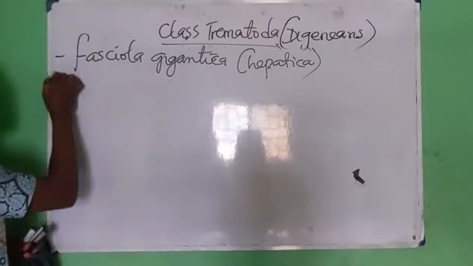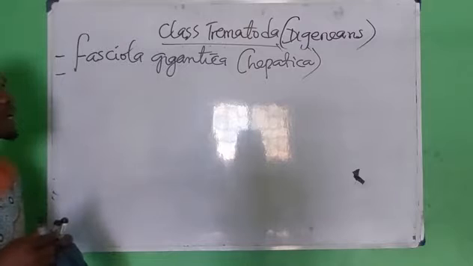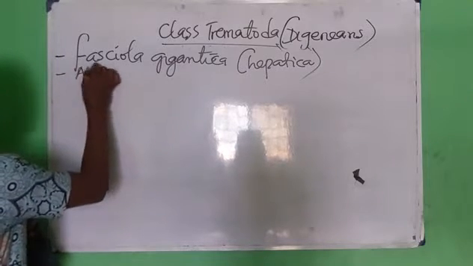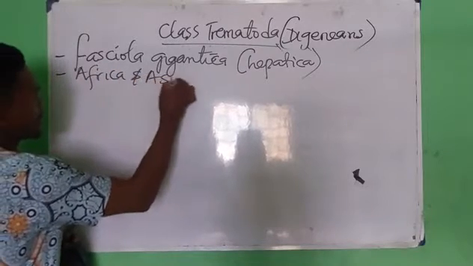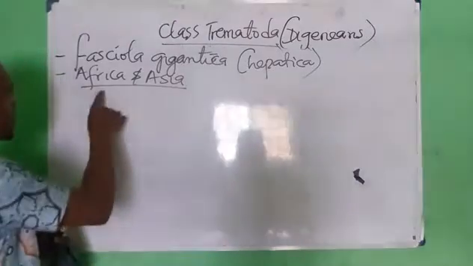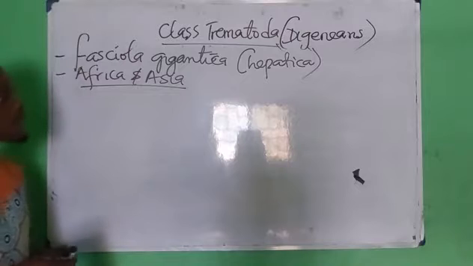Now, this organism is found invading its hosts mostly in Africa and Asia. All right, this organism is common in Africa and North Asia. Please take note of that. It is very, very important.